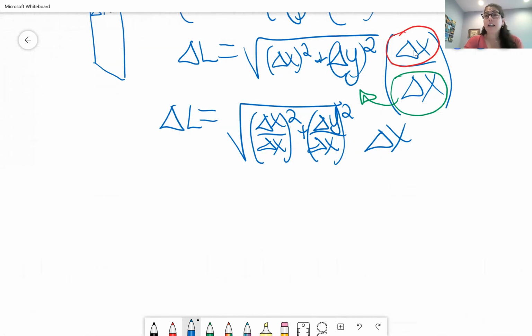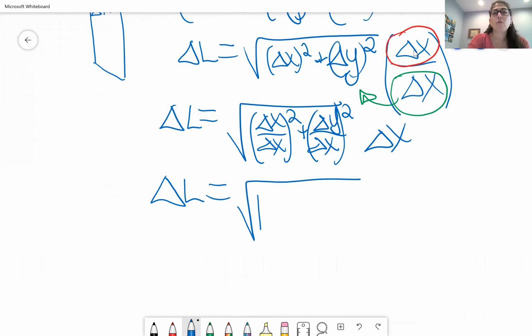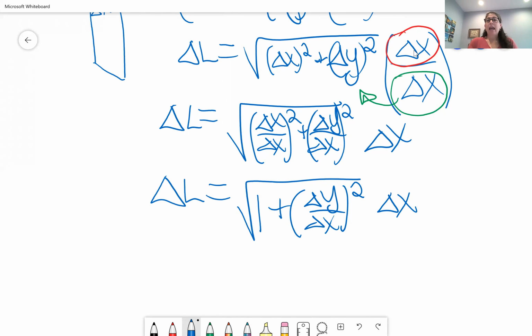That maybe looks messier, but it's actually so much better, because look at this. Delta L is now equal to the square root of 1 plus (delta y over delta x) squared, times delta x.